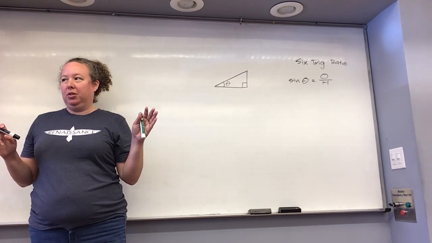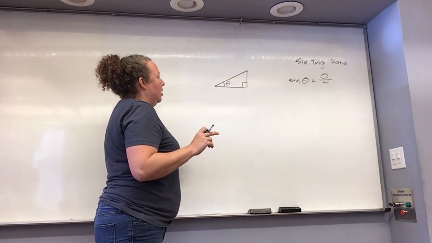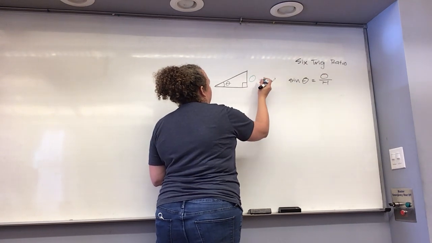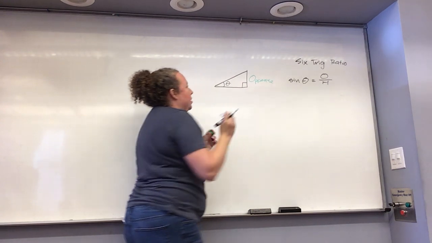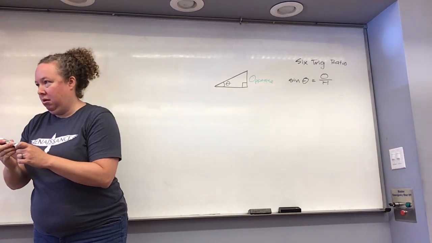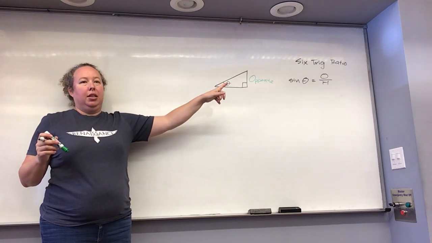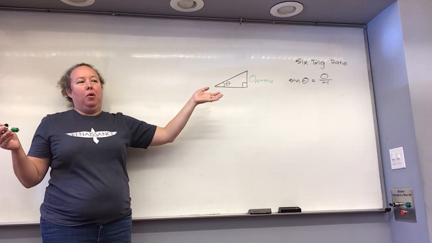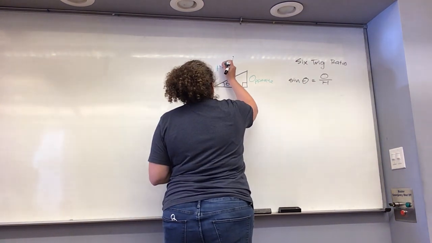Should I phone a friend, Miles? Yes. All right, Cade. Opposite is across from theta. Yeah, so opposite is the side. Put this one in green. So opposite is the side that is across from theta. So theta is the angle, opposite is the side that's across from it. The hypotenuse is always what, even if we're not worried about theta? There we go, it's the longest side.